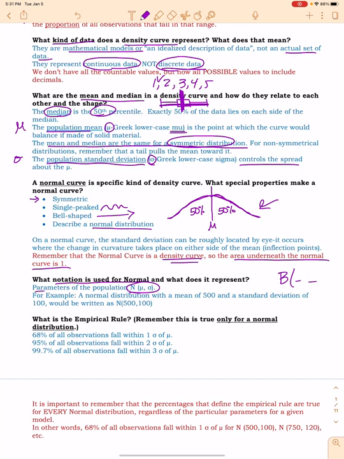So when we define the parameters of a normal curve, we start with the mean, and then we talk about the standard deviation. So in other words, if I have a distribution with a mean of 500 and a standard deviation of 100, and I know it's a normal distribution, I am going to write that just like that, N(500, 100). So that is just your basic intro to what a normal curve is and what it looks like.